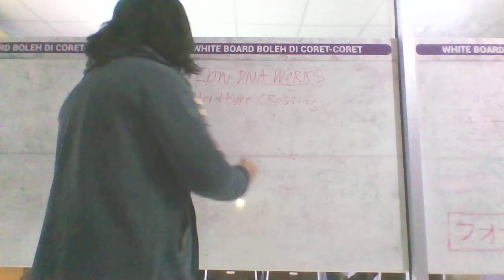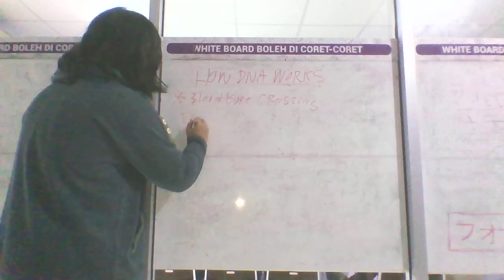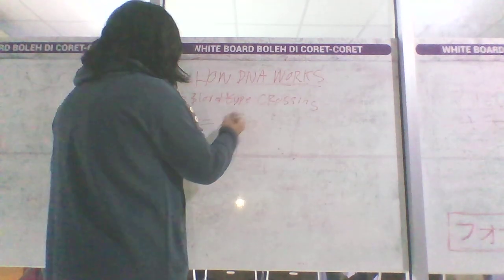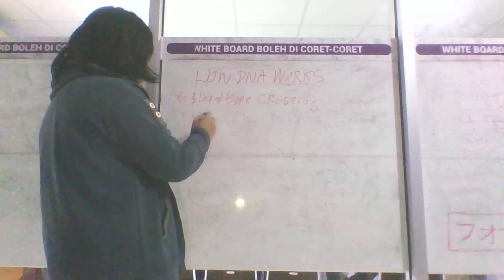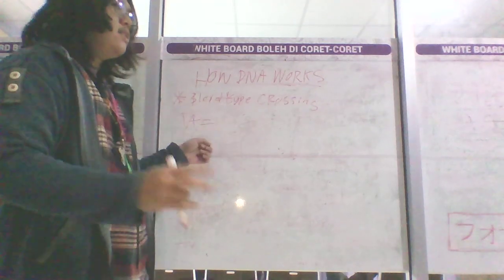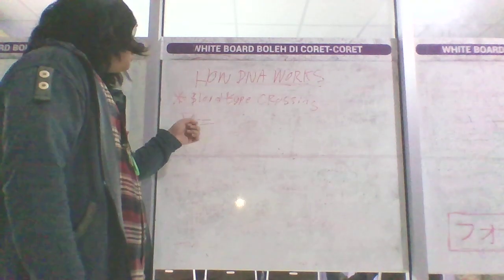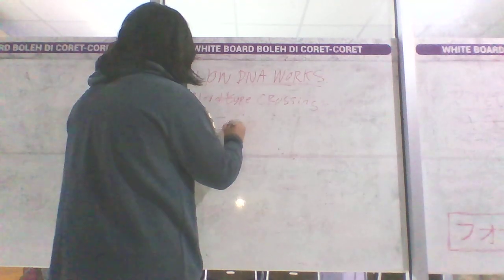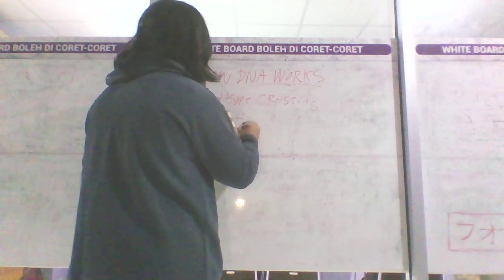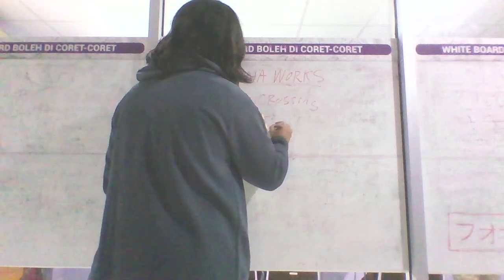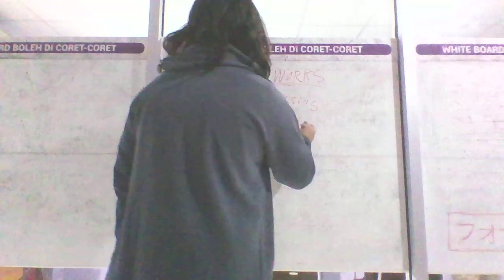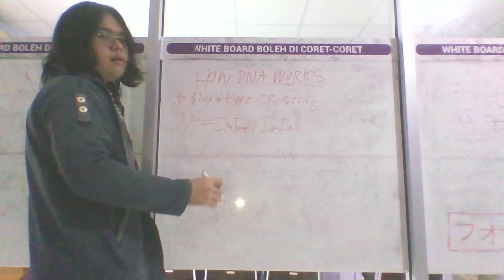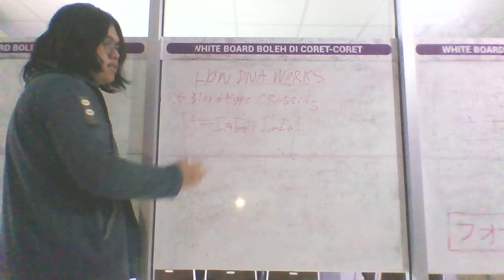The rumus is: if we have blood type A, the gametes are EA and EO. This is the basic rule of blood type A.